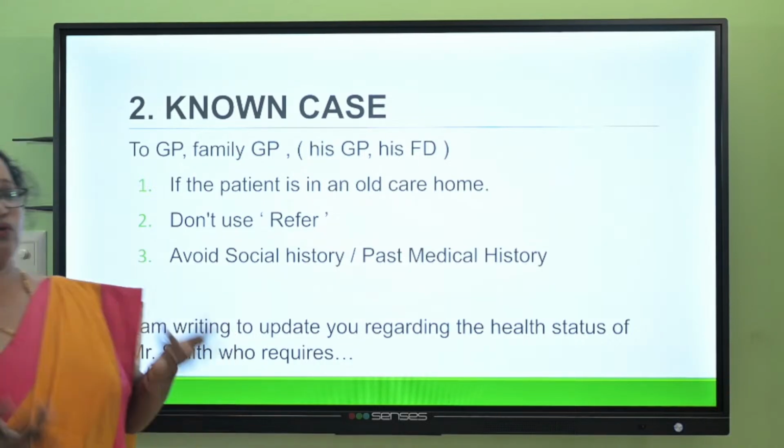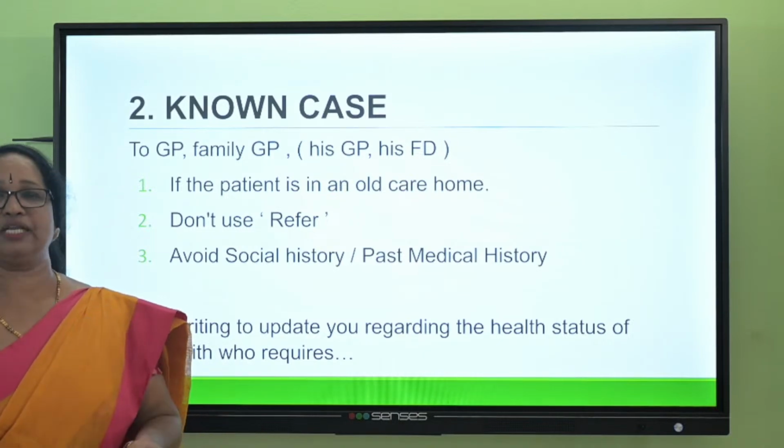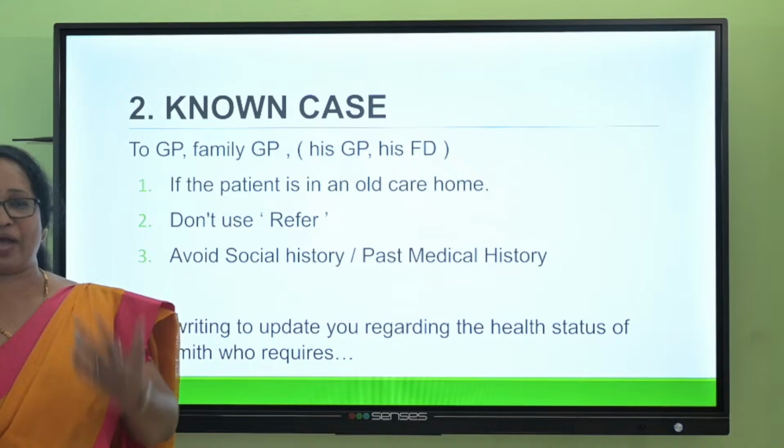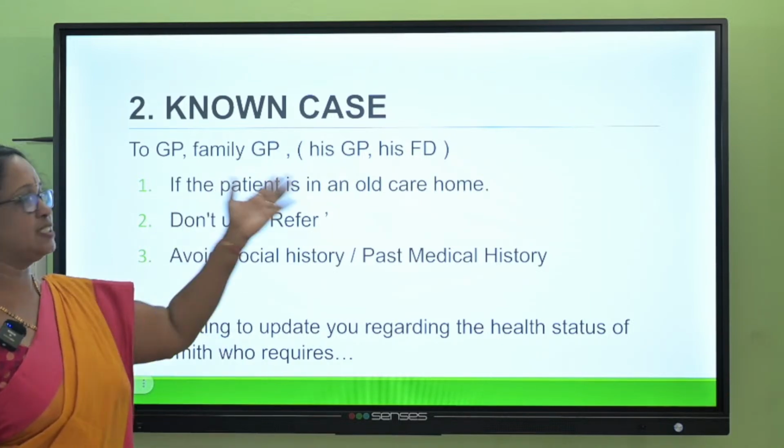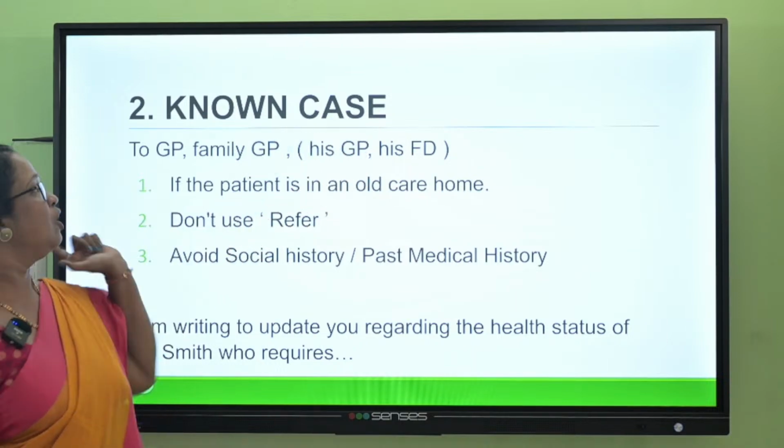So, if you want to write a letter to the patient's GP, or Mr. John's GP, or Mr. John's family doctor, whether the patient is in an old care home or not, you can consider this a non-case.